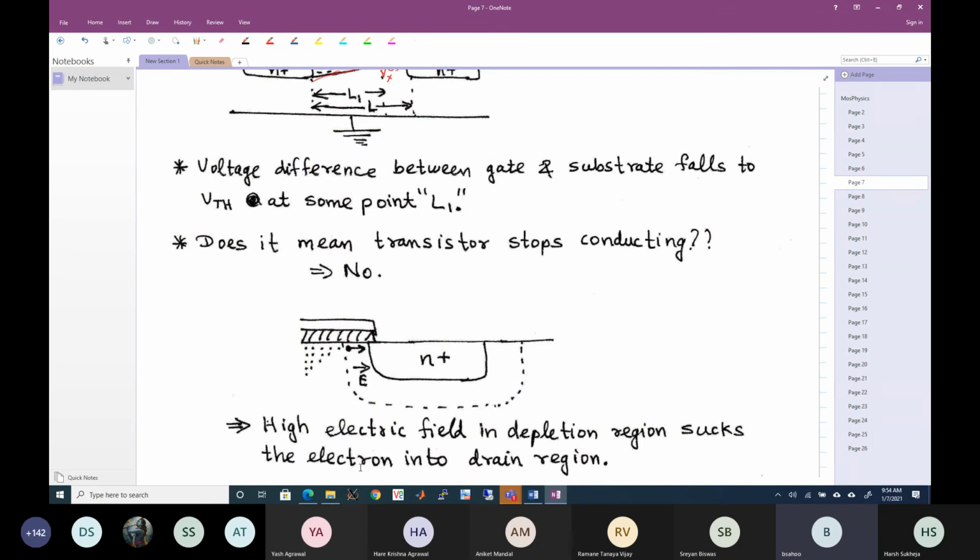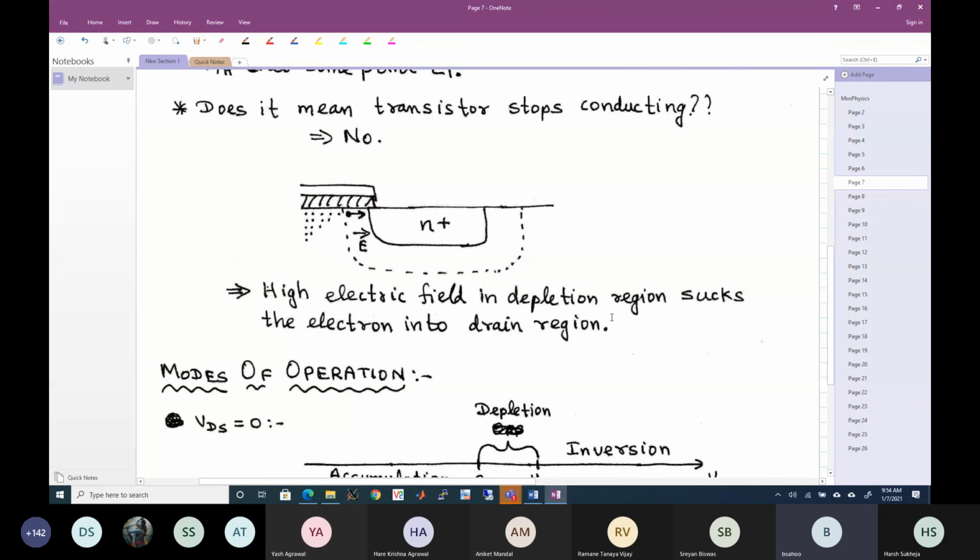The velocity cannot suddenly reduce to zero, right? That needs a huge amount of energy, because velocity going to zero instantly is not possible. So the electron gets sucked into the drain at that point.